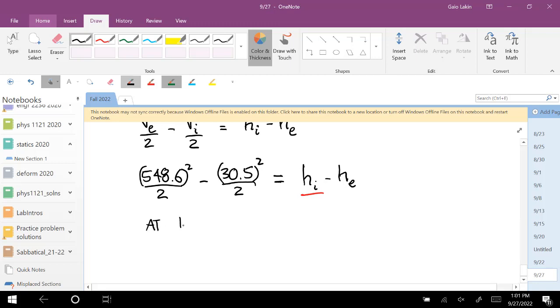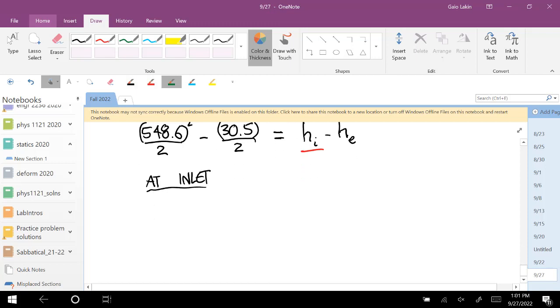So at the inlet, I'll say P1 is 2 megapascals. P2 is 3 megapascals because we're looking for 2.07.